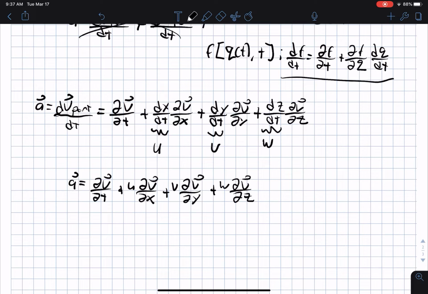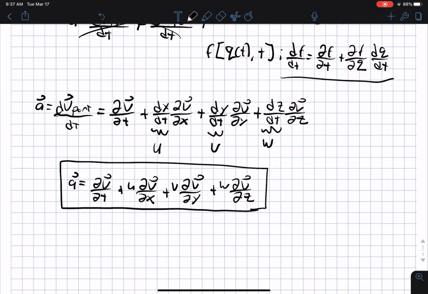And so this is the acceleration of the particle as it travels through space in time in the fluid velocity field.